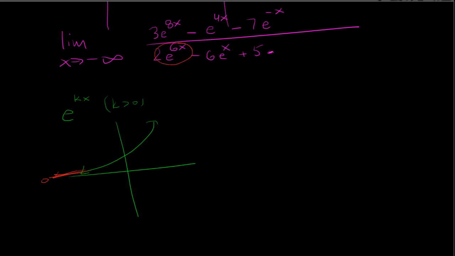So anything with a positive exponent is going to 0. So now we have negative 7 e^(-x) over 5. The 5 doesn't really matter, so we'll look at the negative 7 e^(-x).